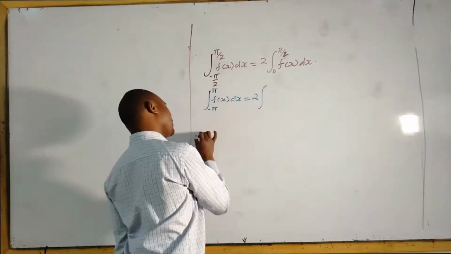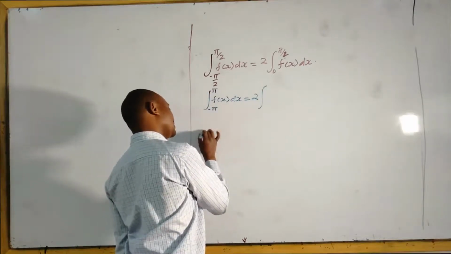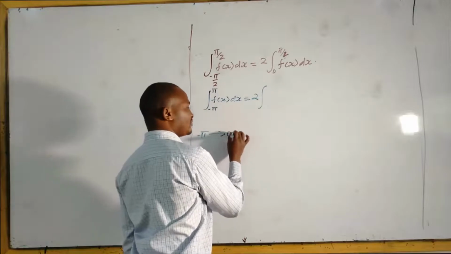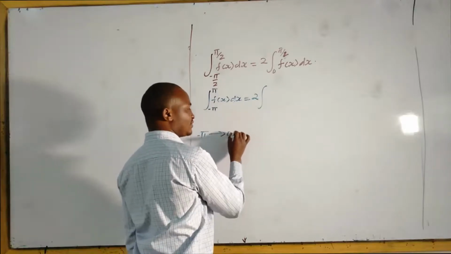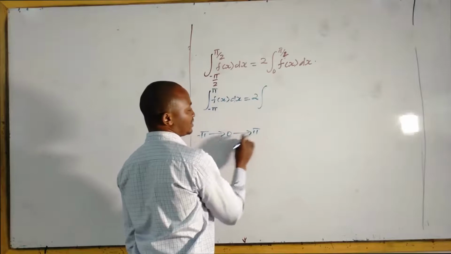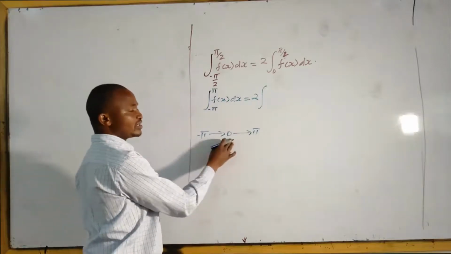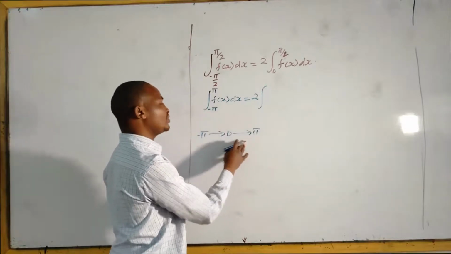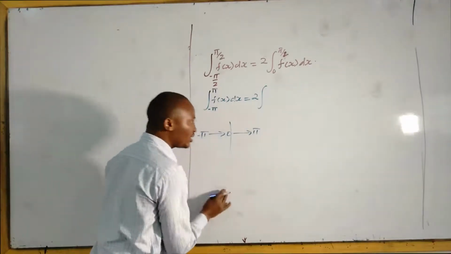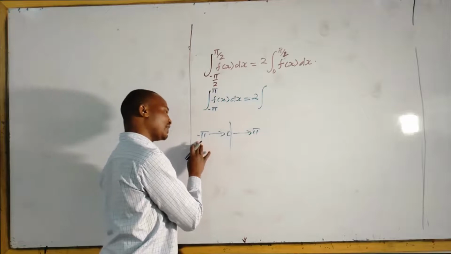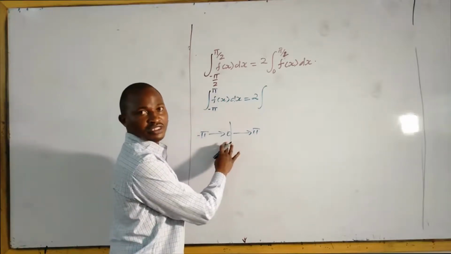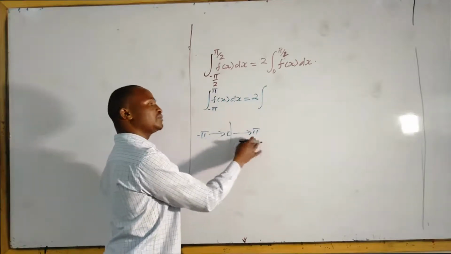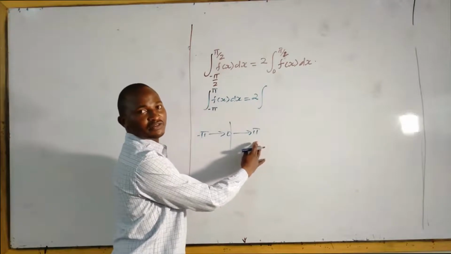The entire interval is from negative pi to 0, and then from 0, the center, to pi. Negative pi to 0 is half of the limit, and 0 to pi is the other half.